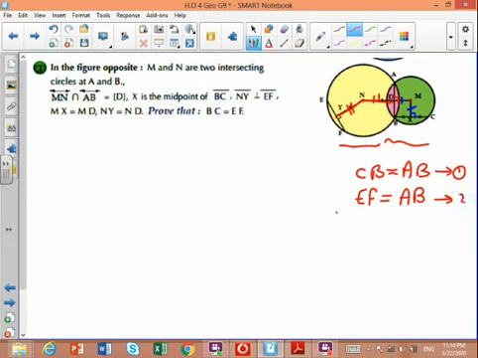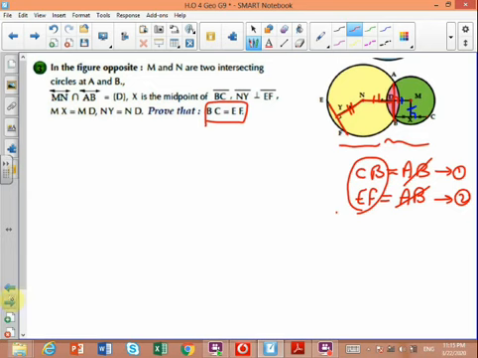From 1 and 2, I have CB equal to AB, EF equal to AB, so CB will be equal to EF, which is the requirement. So here I have divided it into two parts. I talked about these two chords together by the converse of the theorem. Also, I removed circle M and took these two chords in the bigger circle.